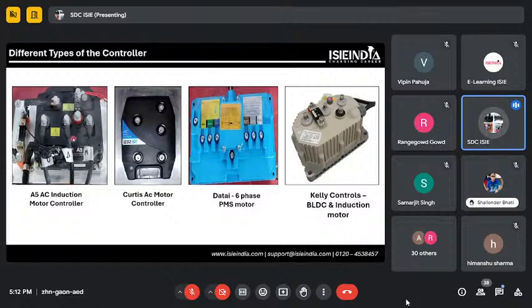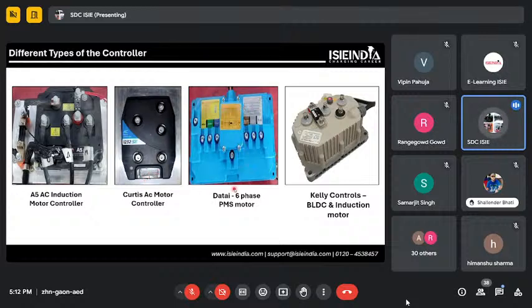You can see that they have two input power supply connections, positive and negative. Along with that, three wires are common in every controller, right? These three wires, UVW. This is one of the Curtis AC motor controllers, widely used in go-karts and forklifts, with reprogrammable functions and different features.